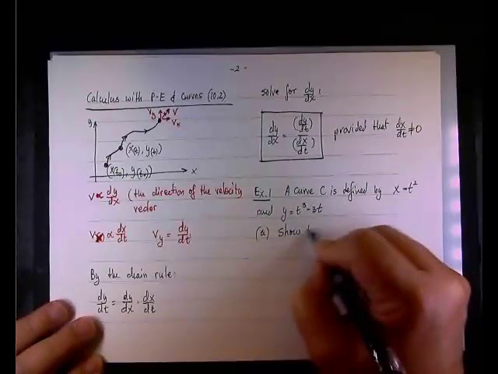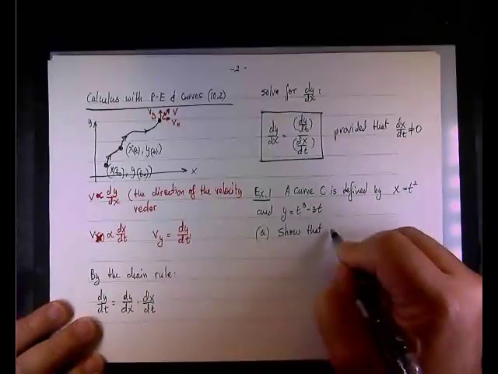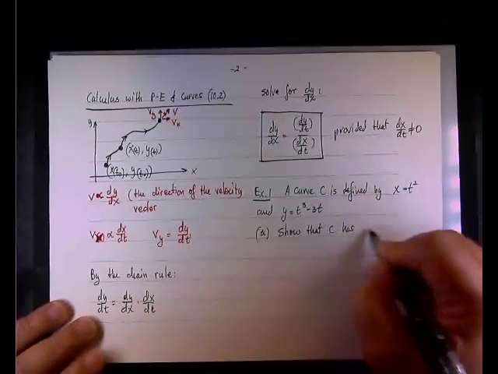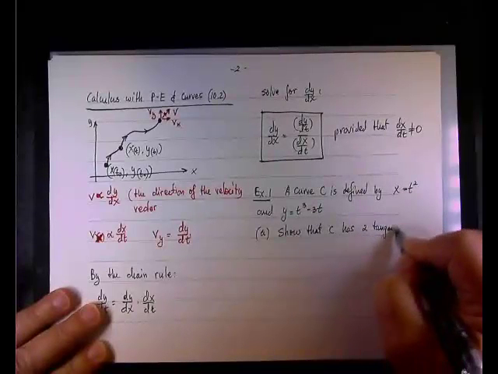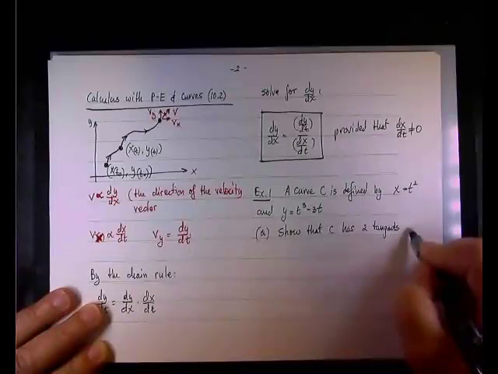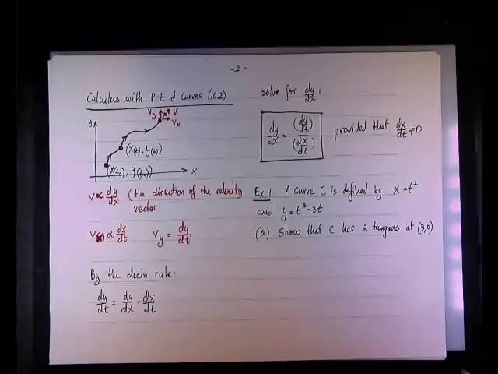With part A, we need to show that C has two tangents at x equals 3, y equals 0.